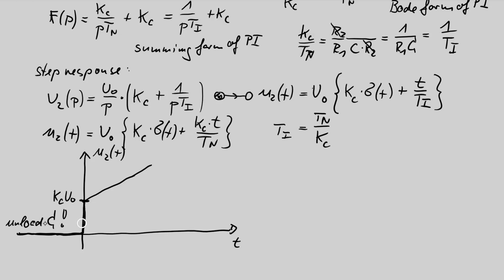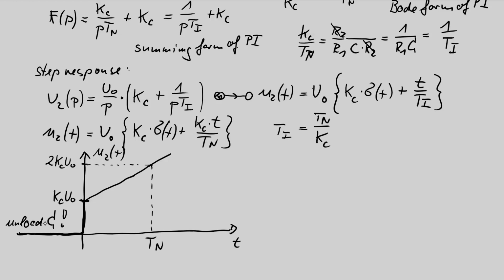So I measure this distance, I double it, so this is 2 Kc times U sub O, and this time we can call Tn.